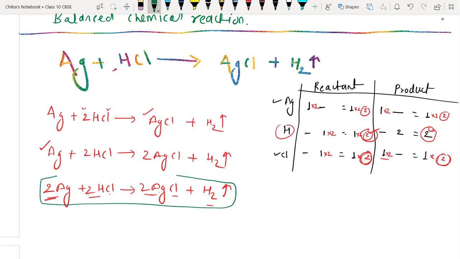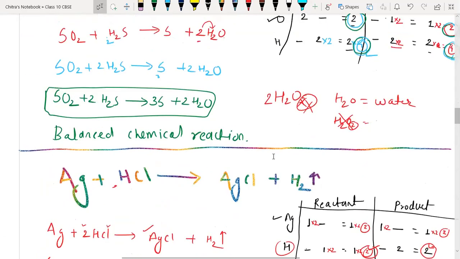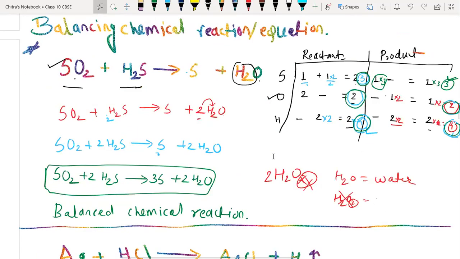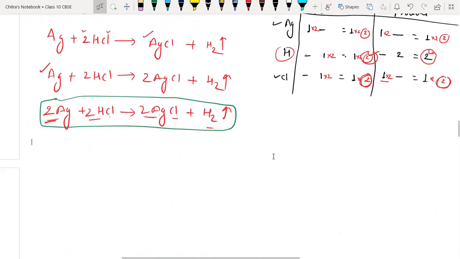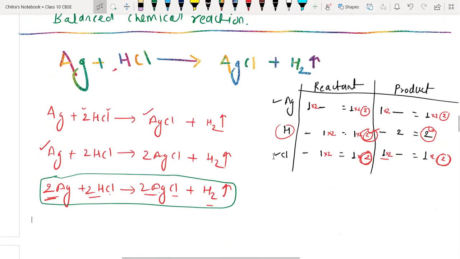So I hope the second reaction we have balanced is quite easier than the first. Is it? Yes. Okay. So any doubt in both the chemical reactions while balancing? Any doubt? If you do have any doubt, just clear it now.